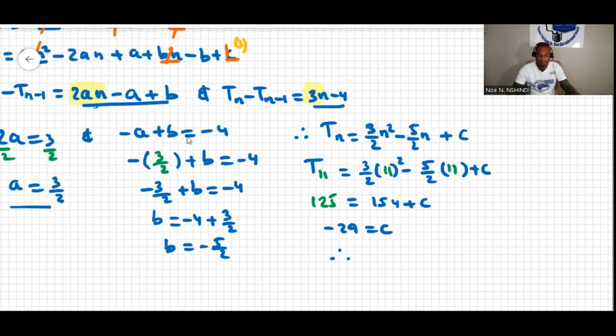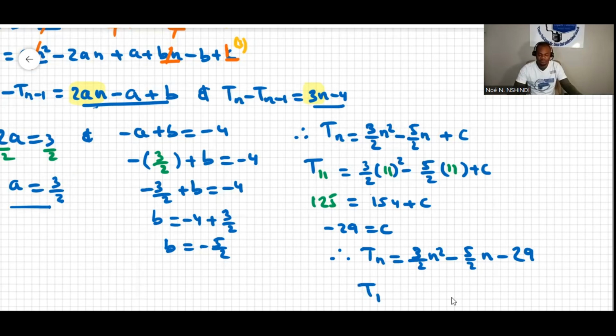So that means, therefore, Tn can be written as 3 over 2 n squared minus 5 over 2n minus 29. Then we can find T1.